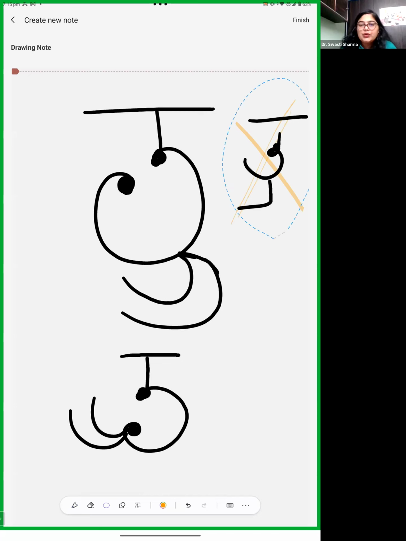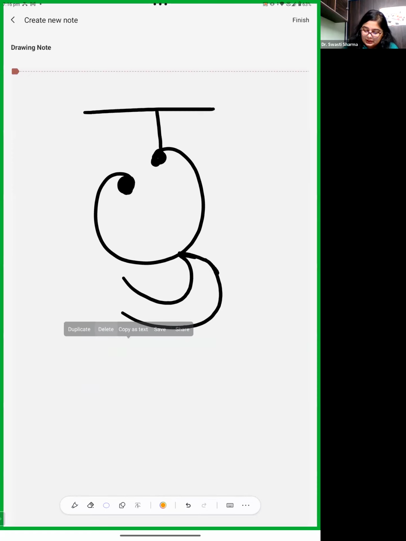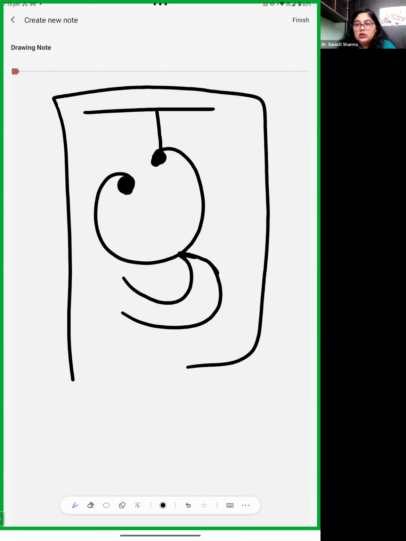We are going to use these two matras with Bha. So what we will do, we will put this letter in the box. Okay, this is the difference after Ta. Then I hope this is clear to everyone.